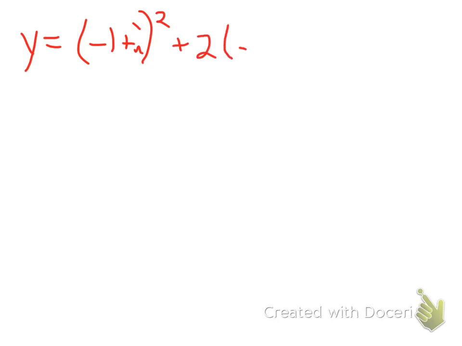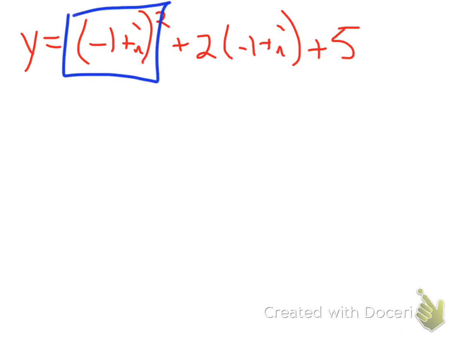So now I have y equals, and one of my solutions was negative 1 plus i squared plus 2 times negative 1 plus i plus 5. Maybe a generic rectangle would help out to solve that.